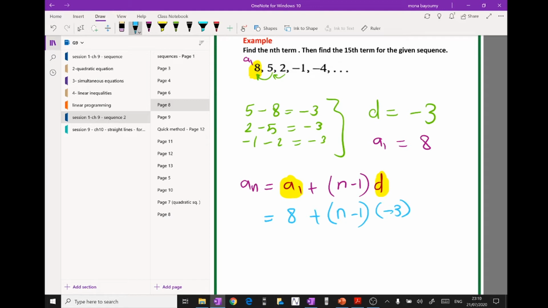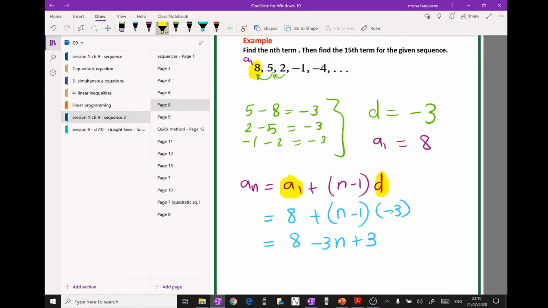Now expand the brackets or put the formula in the simplest form. It is equal to 8 plus negative 3 times n, which is negative 3n. Negative 3 times negative 1 will be positive 3.